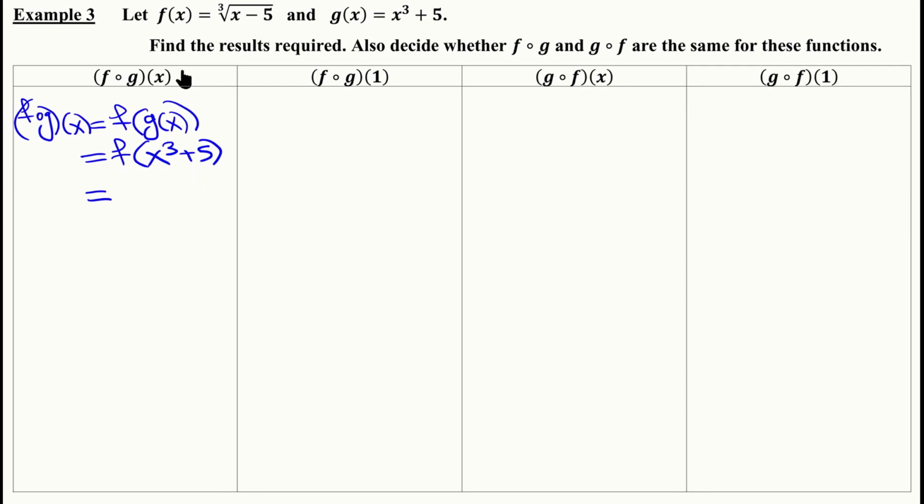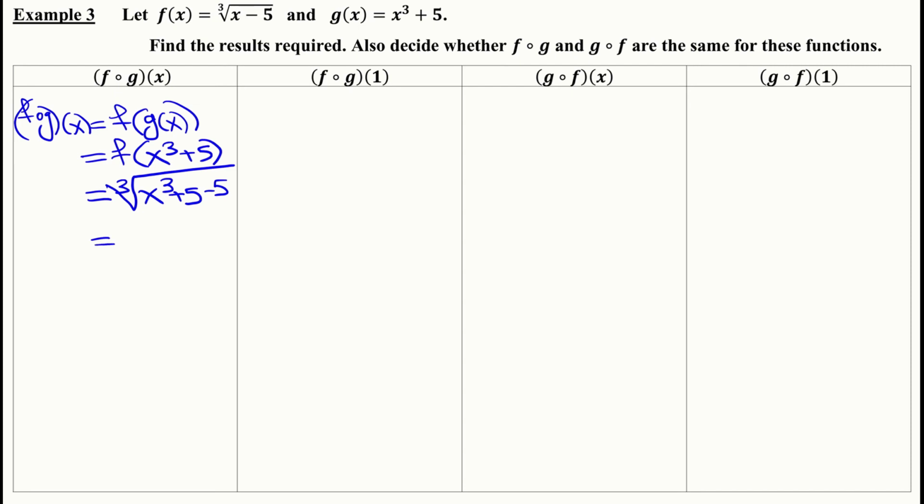The same thing. Wherever you see x over here, you're going to replace that with what? With this expression. So that's going to be the cube root of, instead of x, we're going to put x cubed plus 5. And then subtract 5.